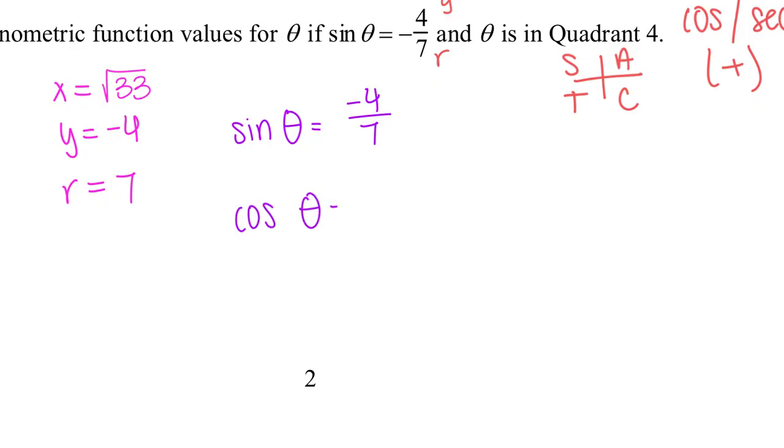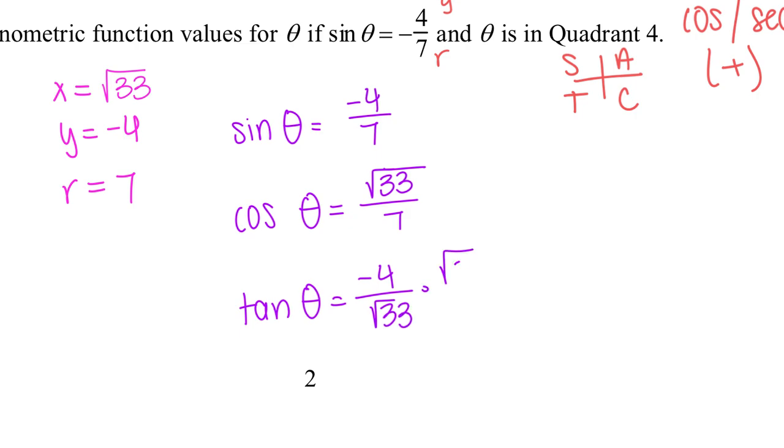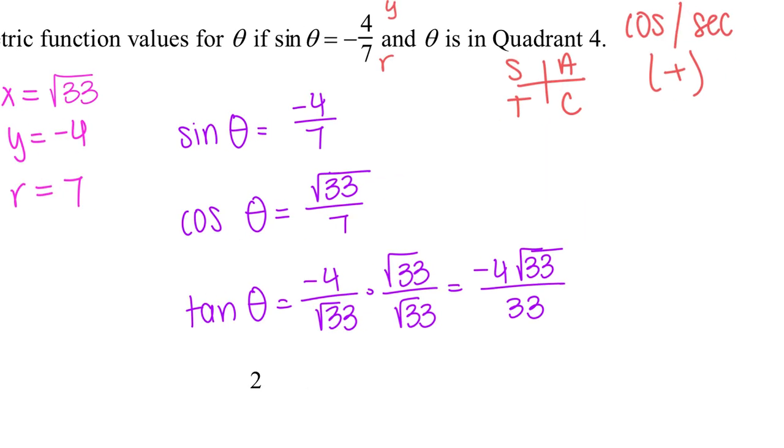Cosine theta is x over r, which is good. Tan theta, which is y over x. Going ahead and rationalizing this one, I'm going to get negative 4 times the square root of 33 over 33.